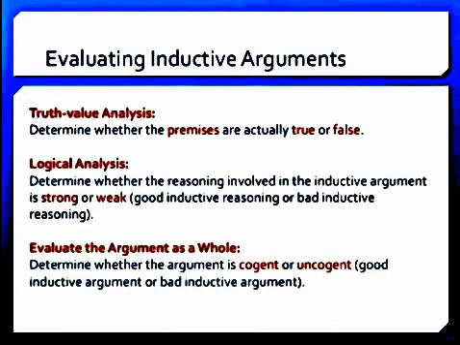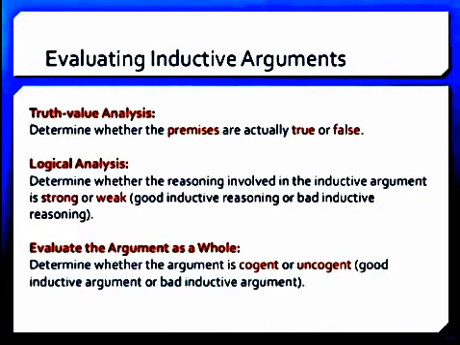Now, these two terms are very similar to sound and unsound. However, the difference is that these two terms, cogent and uncogent, apply to good inductive arguments or bad inductive arguments, whereas sound and unsound respectively refer to good deductive arguments and bad deductive arguments.